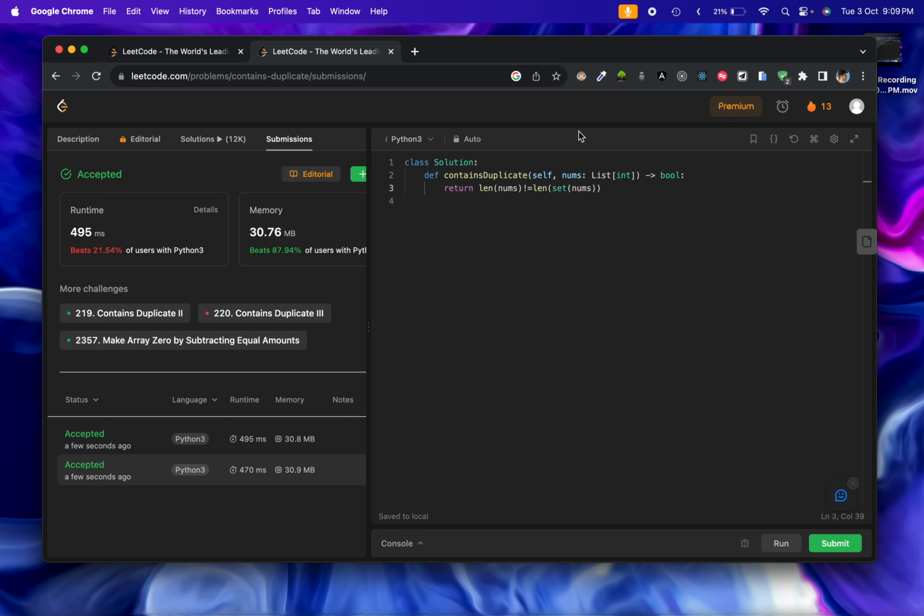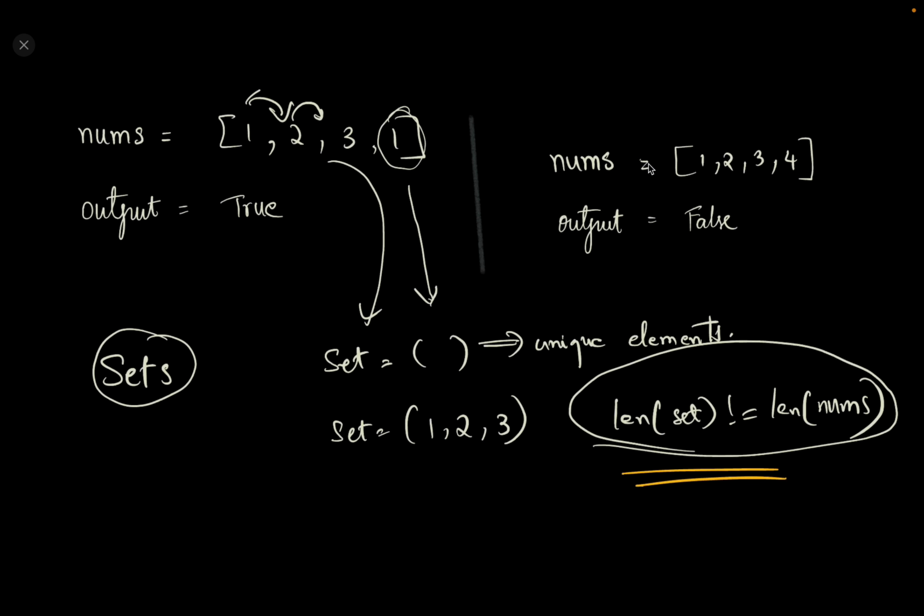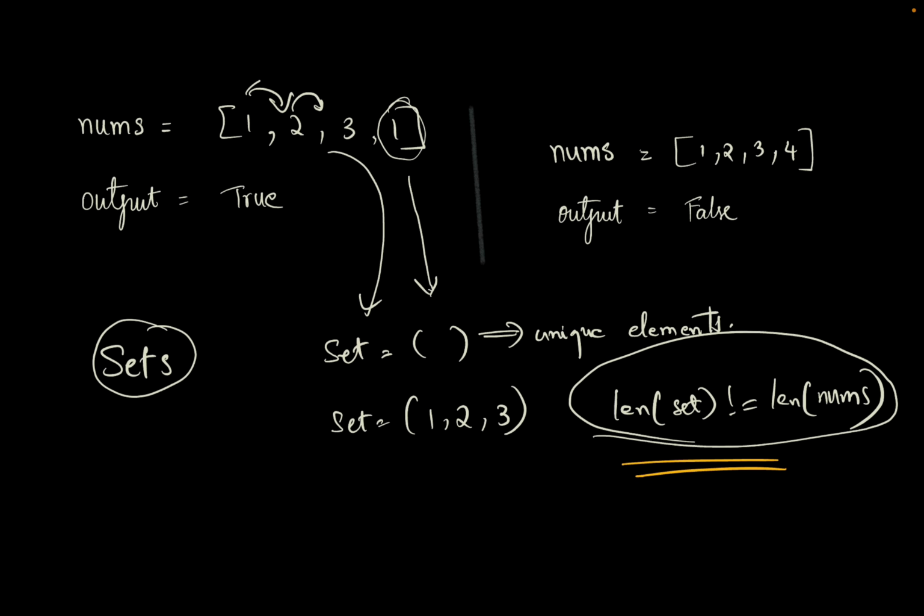Let's talk about the time complexity and space complexity. Here we are using a hash set, which obviously takes O of n space, so that is the space complexity.